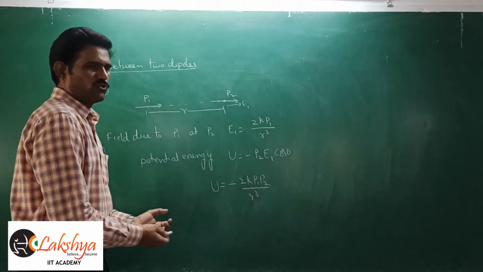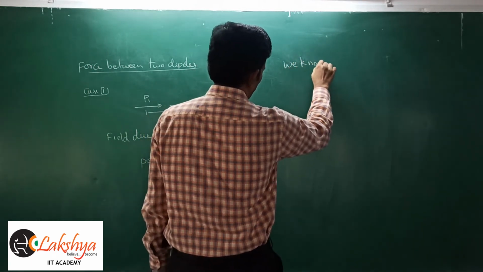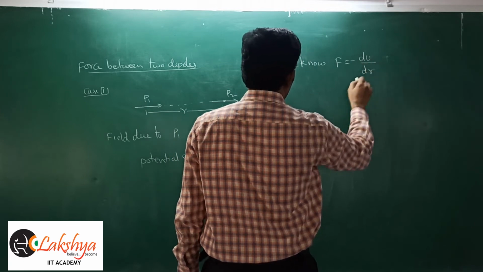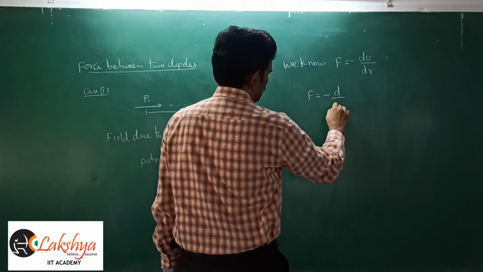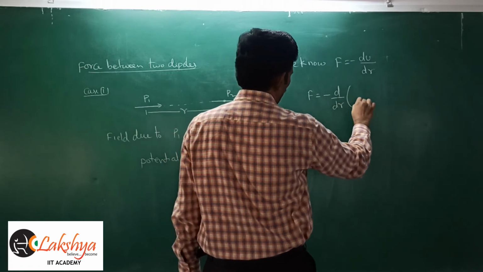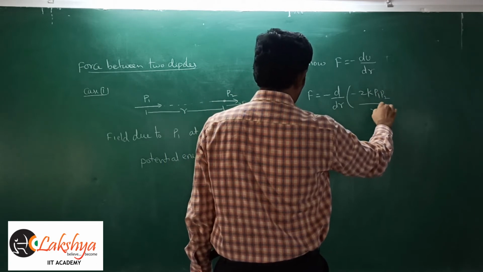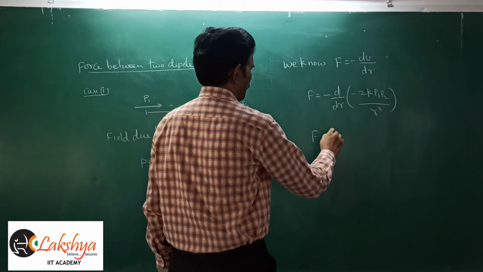Now we know the force and potential energy relation: F is equal to minus dU by dr. Let us substitute that value: minus d by dr of minus 2kP1P2 by r cube. The constants we can write outside.